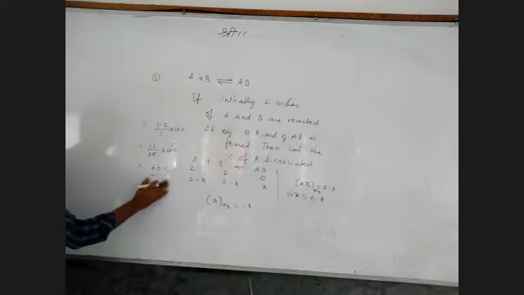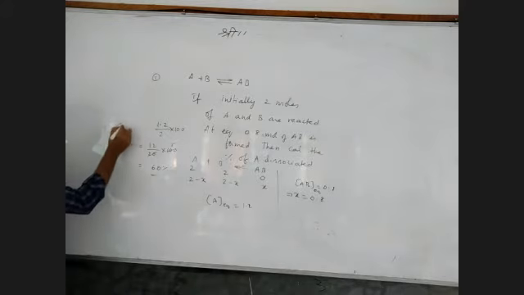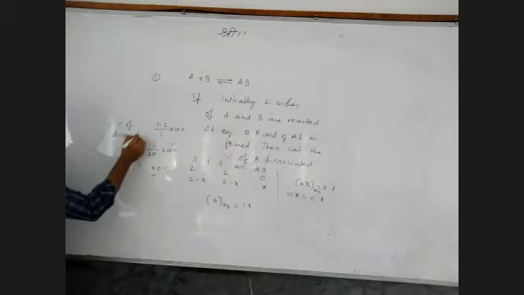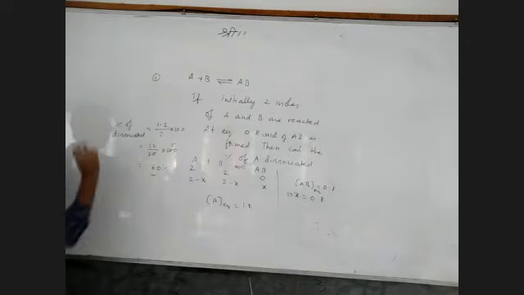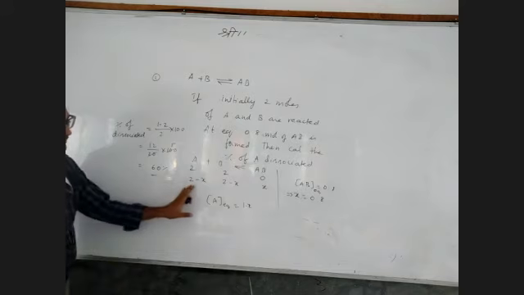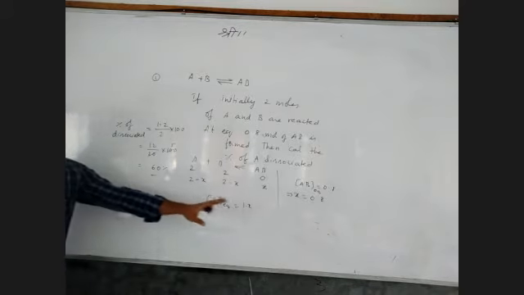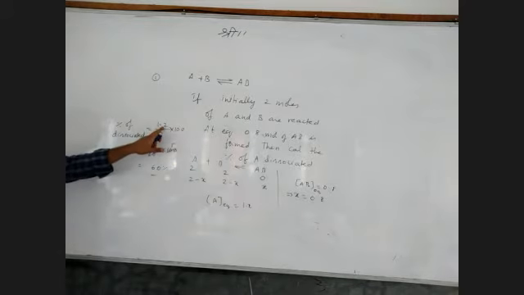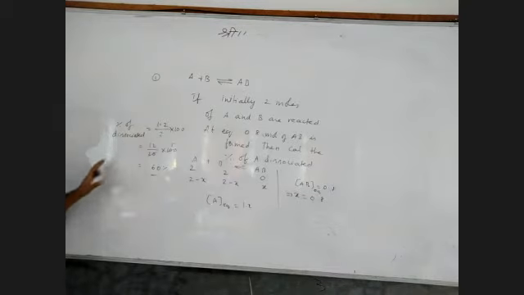So this is what, children? Percentage of A dissociated is how much? 1.2 by 2 into 100. Why, children? Because at the equilibrium 1.2 is remaining. So remaining moles by total moles into 100, that is percentage of A remained, which is 60%.